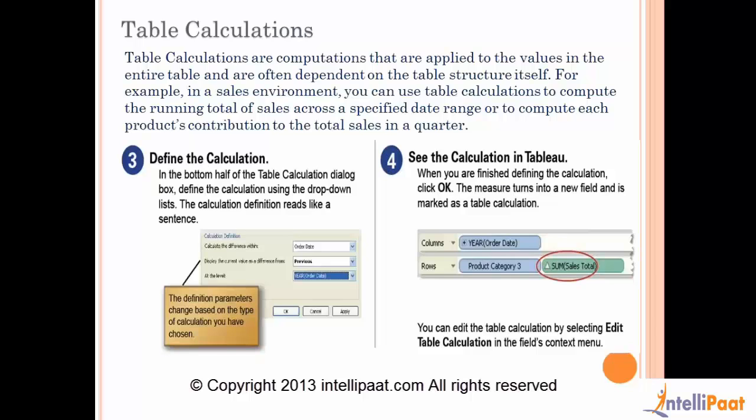There are also some advanced table calculations, which would need some more time for us to go through, to understand how to achieve some of the calculations using table calculations. We can even create some statistical calculations using these table calcs.